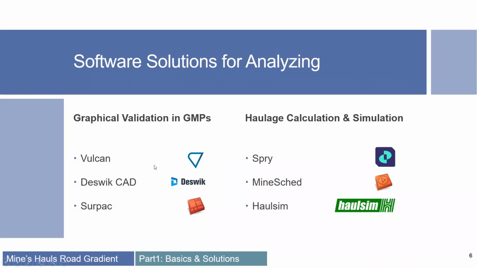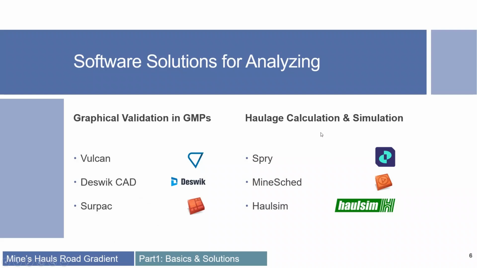But I'm covering these with 3 GMPs in my next video because I found them more handy and more common in the market. The first one is by the Maptek group, Vulcan. The next is DesviCAD, and the last is Jovia Surpac.